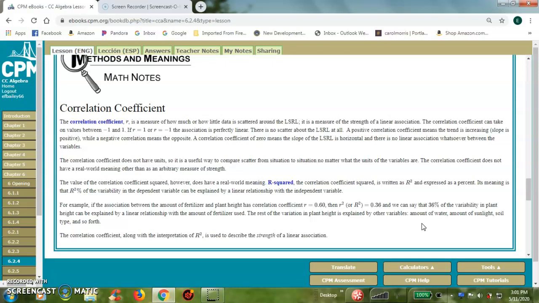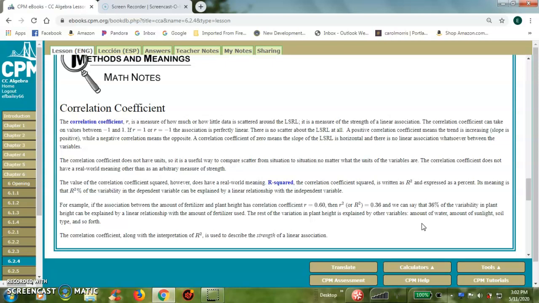Correlation coefficient can take on values between -1 and 1. If R equals 1 or R equals -1, the association is perfectly linear, like Elise's data there. There's no scatter about the LSRL at all. A positive correlation coefficient means the trend is increasing, slope is positive, while a negative correlation means the opposite.